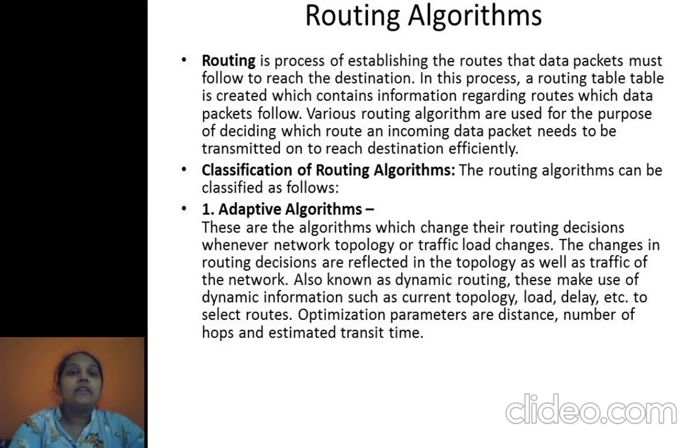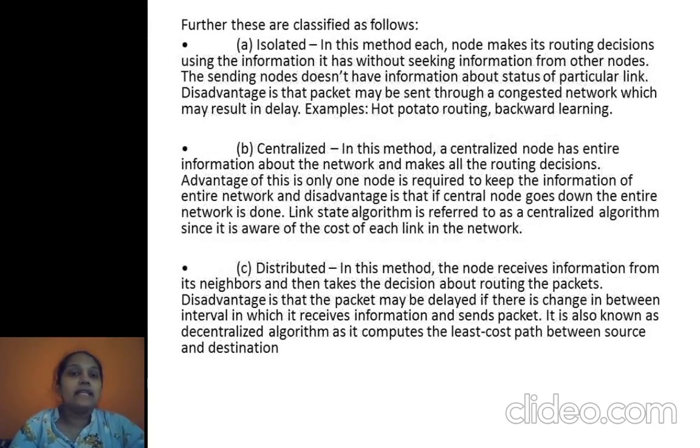So let's look at the next classification of the adaptive algorithm. The adaptive algorithm is classified into three types of methods. First is the isolated method, second is the centralized method, and third is the distributed method.